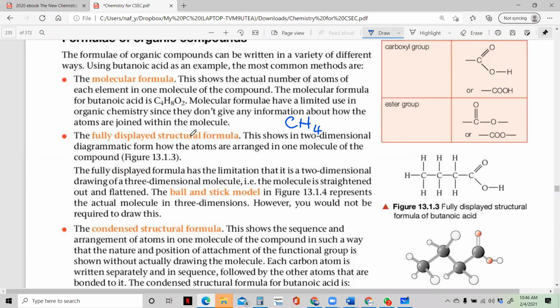We're going to look at the structural formula. A structural formula is what you see here, where you are drawing out the structure. Instead of just writing all the elements involved put together as one, you're going to draw it out using sticks in between to represent the bonds.